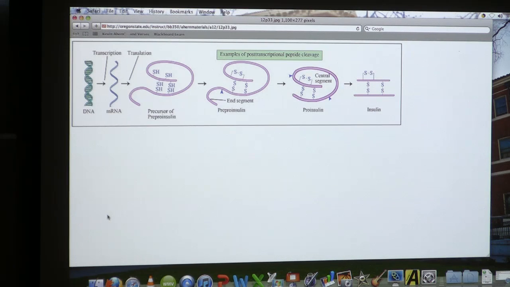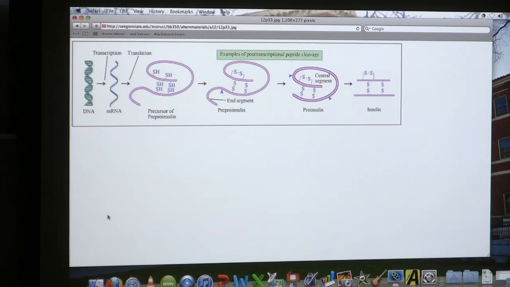Post-translational modifications, we've actually talked about some already. For example, converting zymogens into the active form is a post-translational modification because it involves proteolytic cleavage. I'd like to show you this one because for anybody interested in human health, it has some important implications, and it's a protein we'll talk about later in the term. It's insulin. This protein has a very interesting set of modifications.